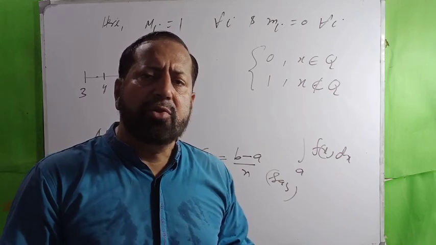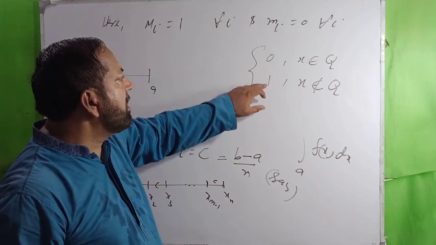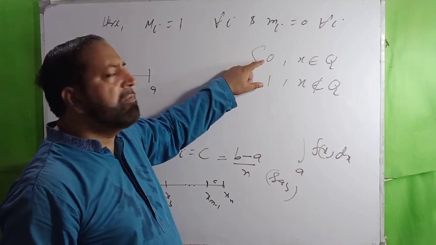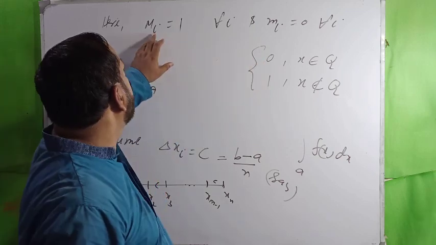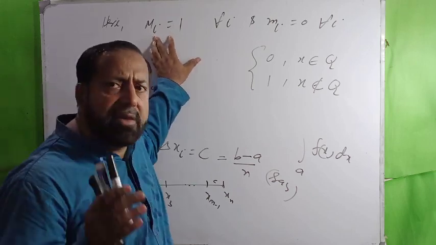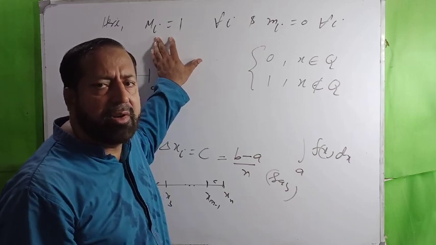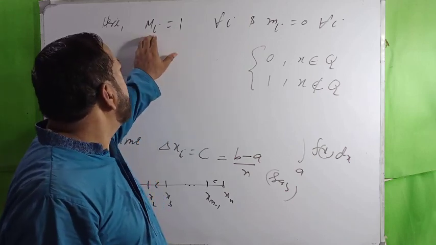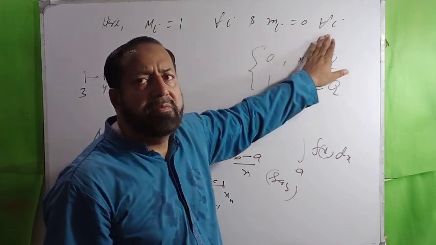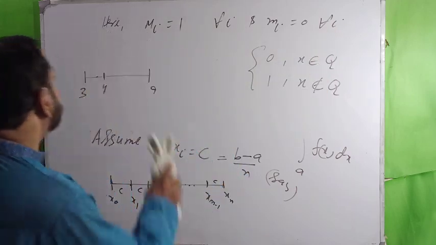Since you are having values 0 and 1, corresponding to every subinterval the minimum value would be 0. And capital Mi corresponding to every interval, because every interval contains an irrational number, surely, should be 1, and small mi is equal to 0 for all i, whatever interval you are choosing.